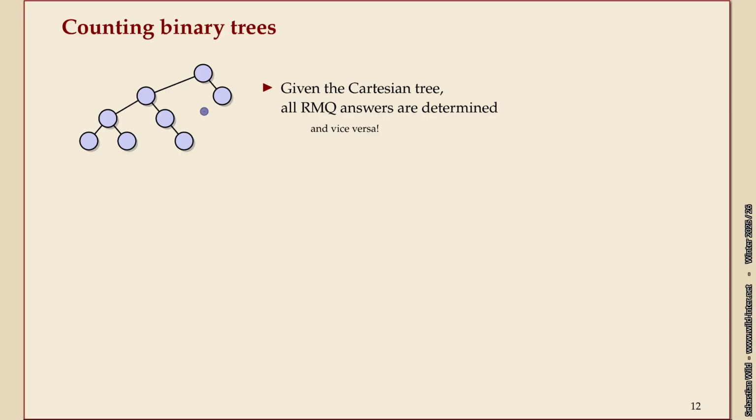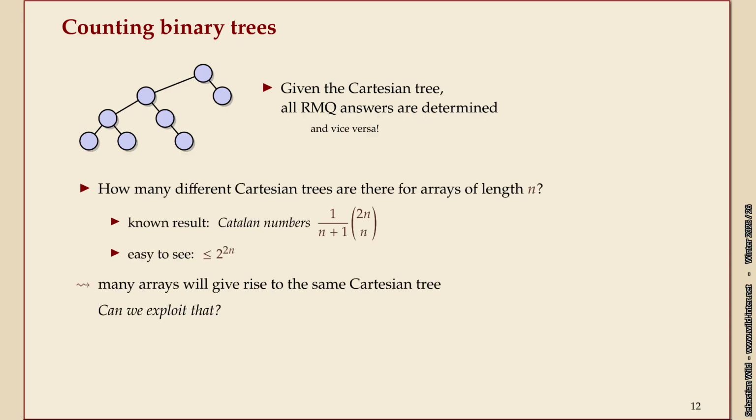For example, here is my small tree, and it has, was it eight nodes? There's only a certain number of different trees with 8 nodes that could be a Cartesian tree. And the precise answer are the Catalan numbers. If you have n nodes and you want to build a binary tree, then that's the precise answer how many you get.